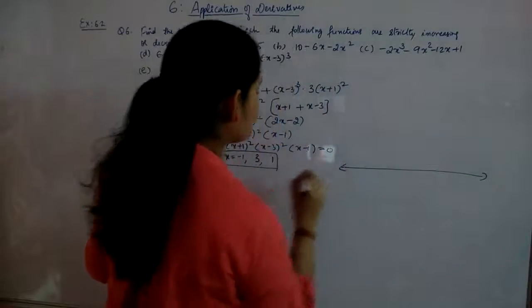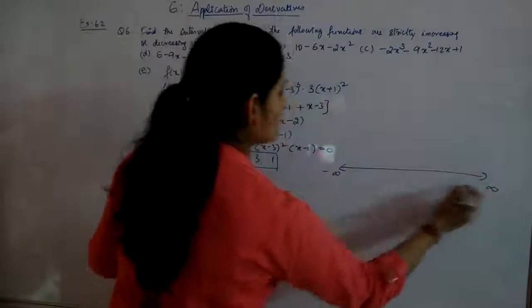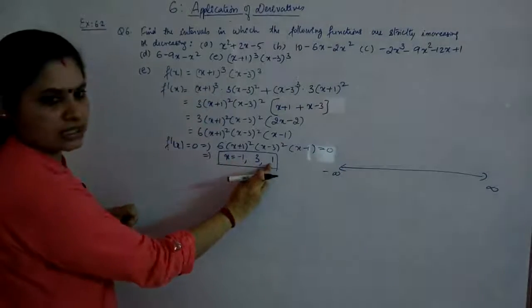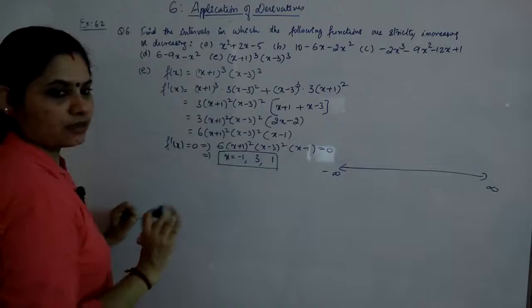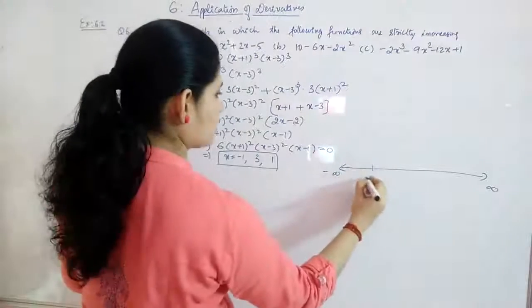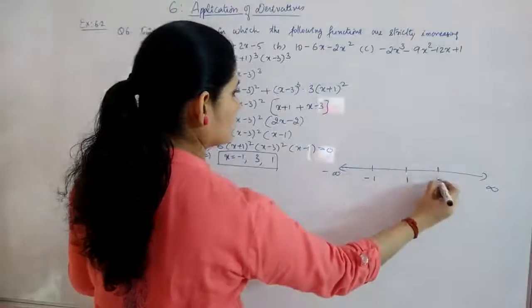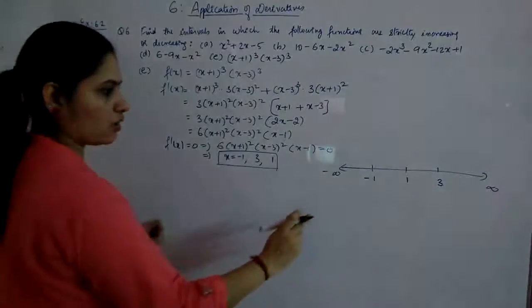So we can break it into how many parts? Since you have 3 points, the intervals will be 4. First one is -1, then 1, then 3, in increasing order.